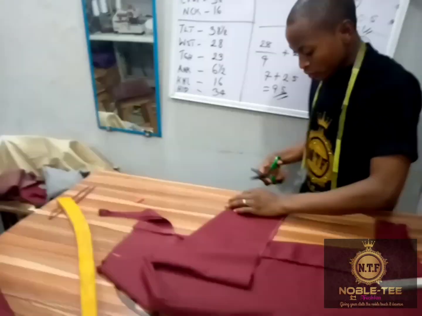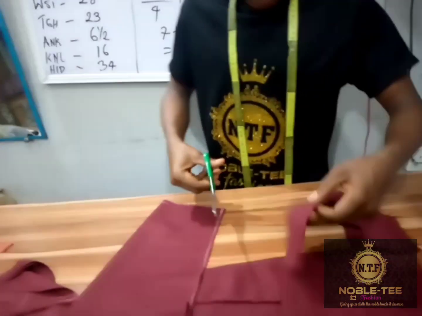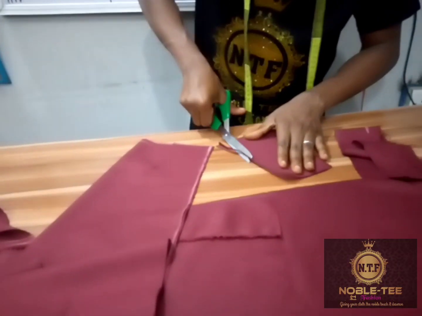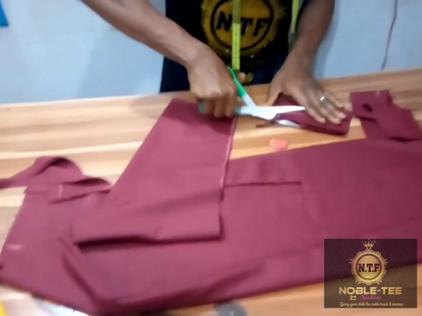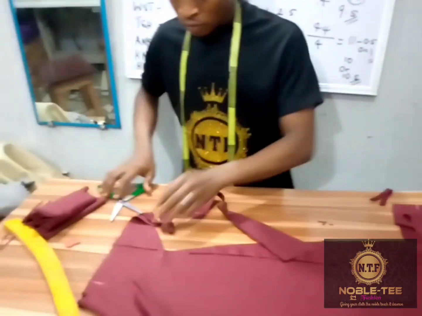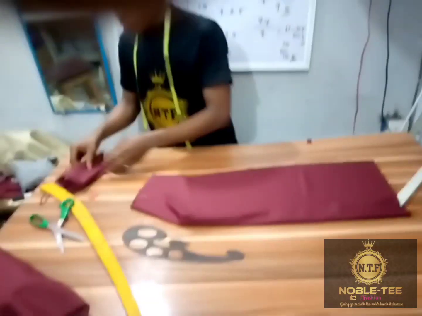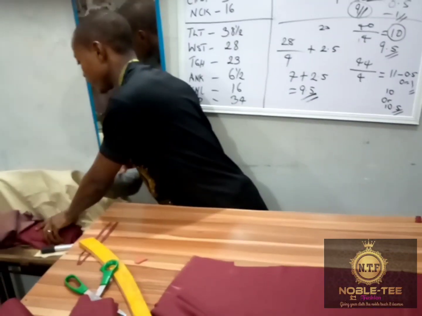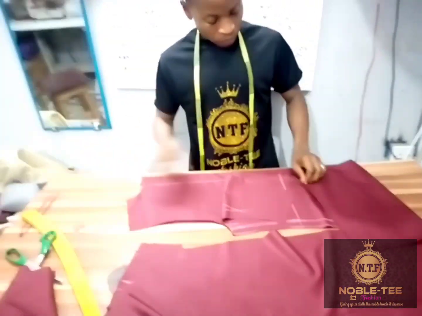So for the slip plackets now, just cut. This is the front, this is the kaftan.